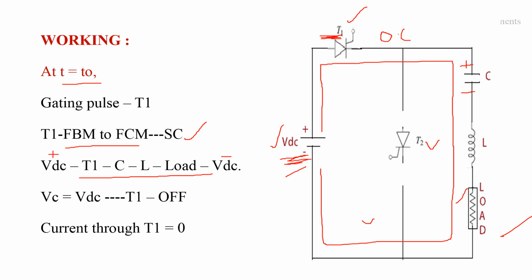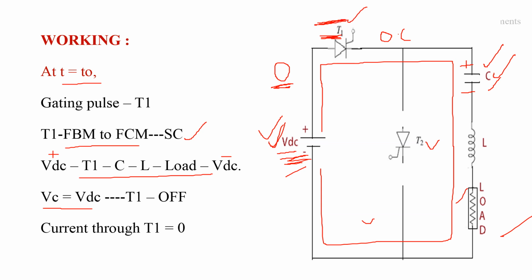Whenever this capacitor charges to the voltage VDC, that is, whenever VC is equal to VDC, the potential difference between this capacitor and this voltage is 0. If the potential difference is 0, there is no path for current, which means the current flowing through thyristor T1 becomes 0.